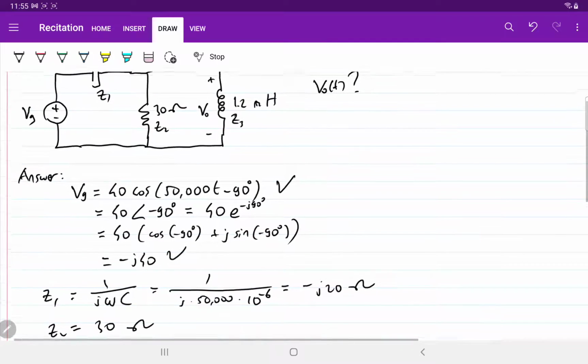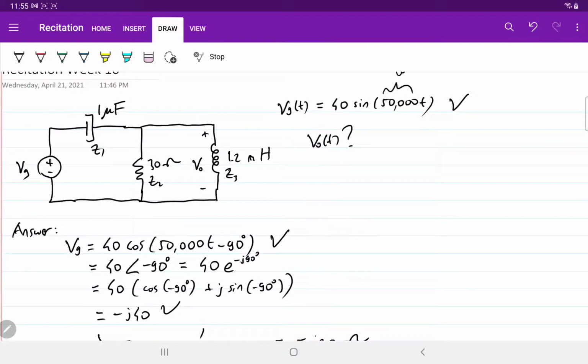Okay, so the question, what is V0, right? Well, if you look at this circuit, then actually we can use voltage division. You see, since this inductor is parallel with this resistor, the voltage across this inductor is the same as the voltage across this resistor, so this is also V0, right?